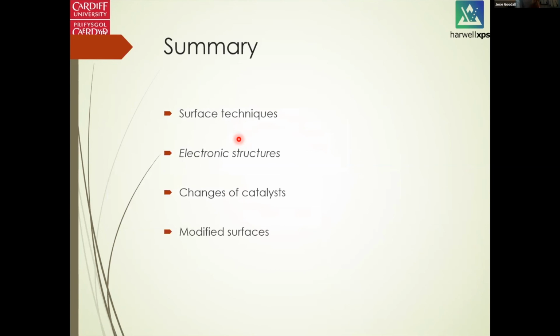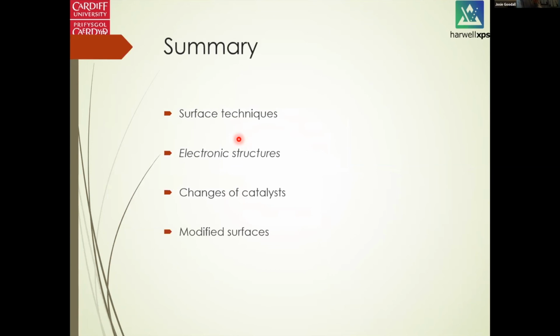So to summarize, we've introduced a couple of techniques that help us understand the electronic structures. And if you're looking at the changes of catalysts before and after reactions, then you want to know how the electronic structure changes.